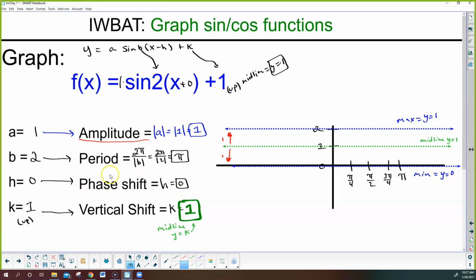And since we don't have a phase shift, since I don't move left or right, then I'm just thinking, where does sine start? Sine starts at the midline. So my midline is the green spot. There's my start. And since it's a positive a value, I'll go to the max, and then the midline, and then the minimum, and back to the midline.